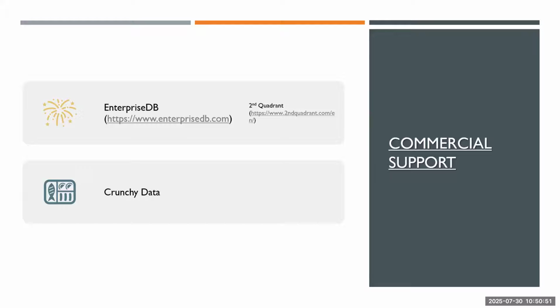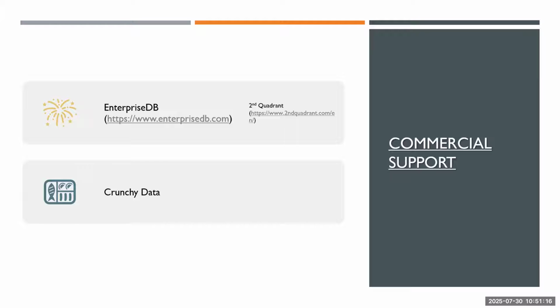Like Enterprise DB, there is Second Quadrant. This will also provide the support for us. Okay, commercial support. If you want support for your Postgres, then you can go and pay for Second Quadrant. They can also provide the support for us. Like the same, Crunchy Data is also one third-party organization where you can purchase the support from them.